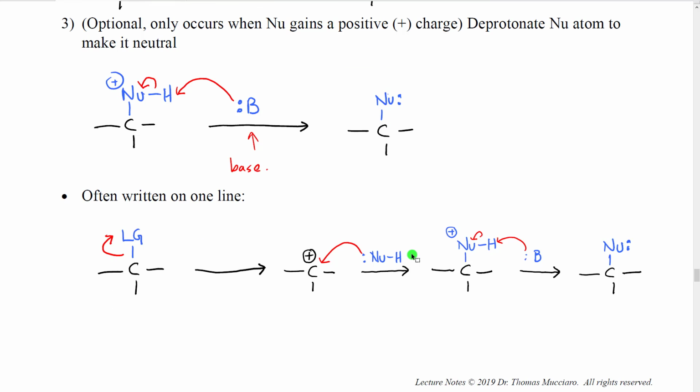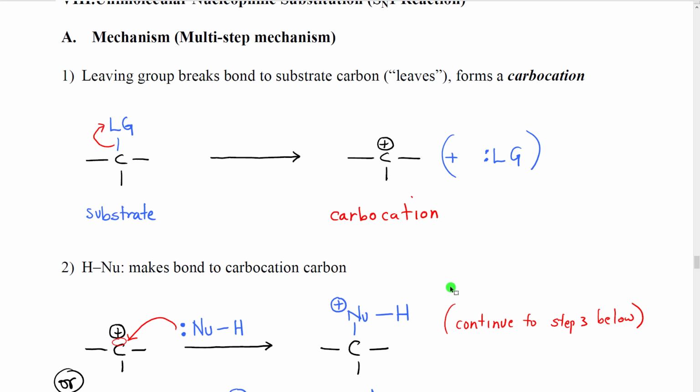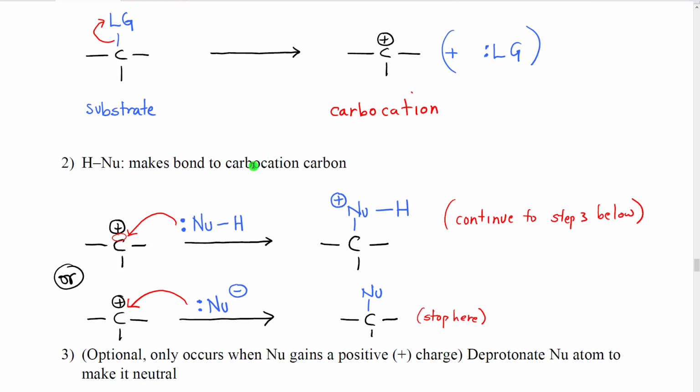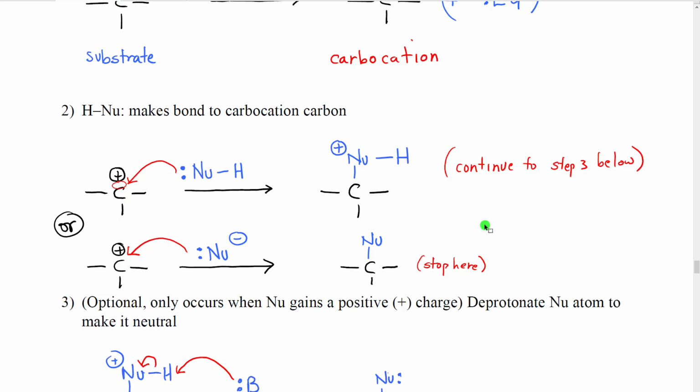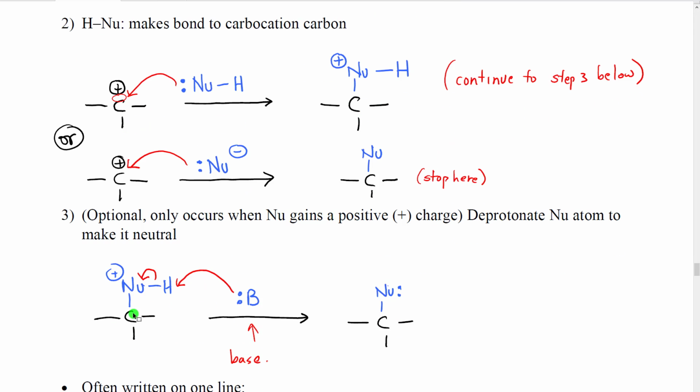Now, we wrote that mechanism as 3 separate reactions, and in fact, if you look, what we did was we took the product of the first elementary reaction and we moved it down to make it the reactant of the second elementary reaction. And then in the case where we moved to a third one, we took the product of that and moved it to the reactant of the third reaction.